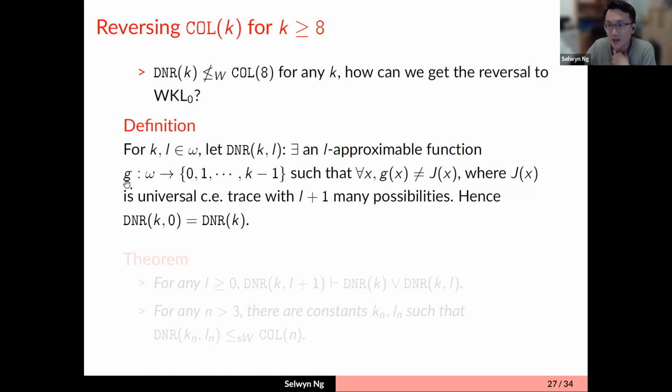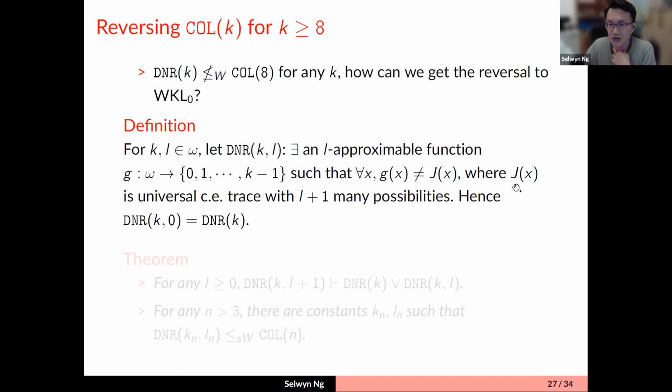So G is a DNR function that is L-approximable in the sense that it can change its mind up to L many times. Of course, it's unfair to allow the DNR function to change its mind L times without giving the universal function the opportunity to change.